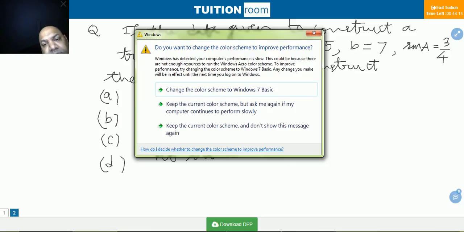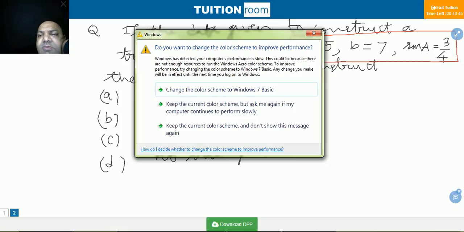In the problem, we are required to construct a triangle in which certain data are given, and he's asking how many such triangles you can draw. Let us see what I could do.